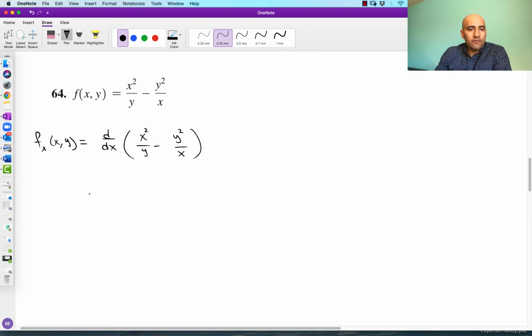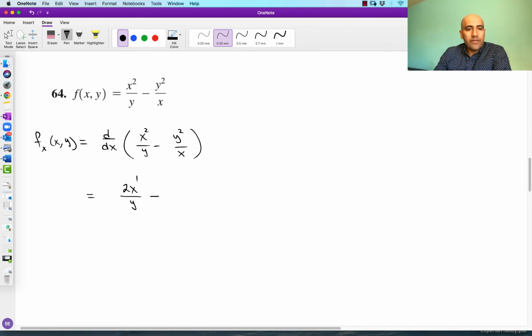Remember, just focusing on the x, if y is just some constant, this is like x squared over 3 or something, then its derivative would simply be 2x to the power of 1, and then there's still a y down there, minus, and now the derivative of this guy.